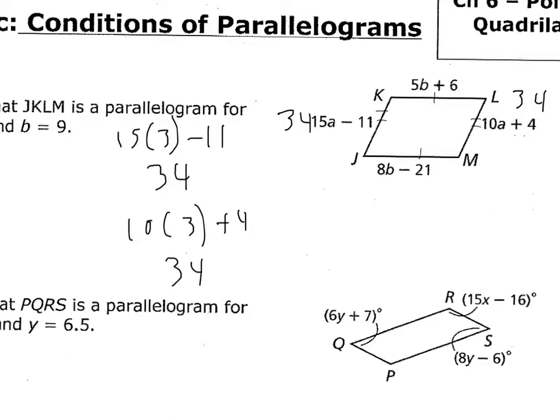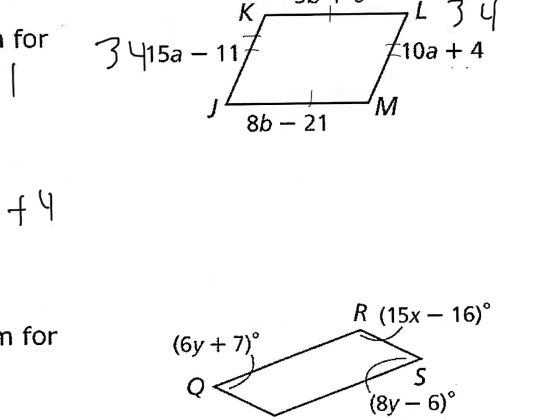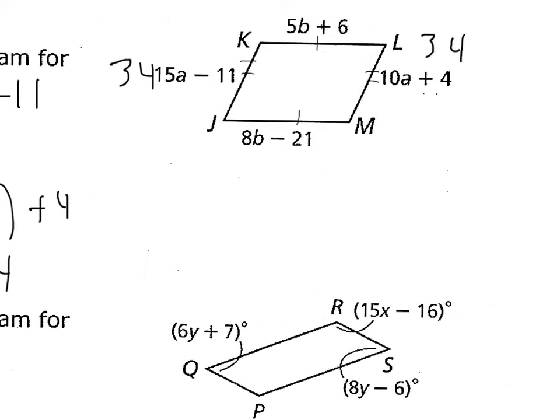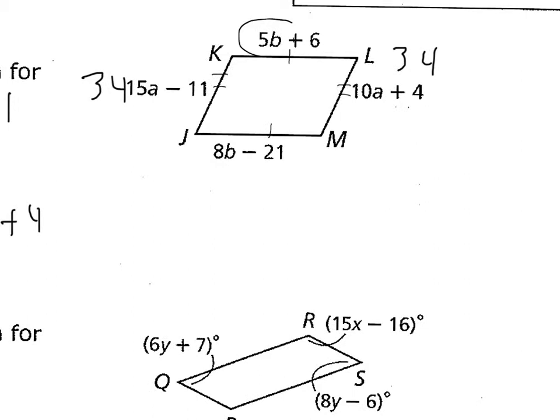And we know that B is 9, so let's try the B's. Let's try this one first up top. So we have 5 times 9 plus 6. 5 times 9 is 45, and add 6 and you get 51. So this side is 51. Let's try the last one.